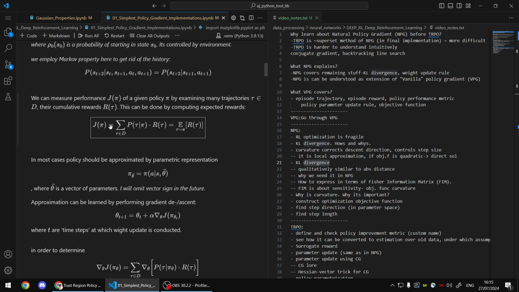So let's look at basically policy performance. We want some kind of measure to tell us whether the agent is smart or dumb, right? And the natural idea to think along is that we release this agent in the environment.